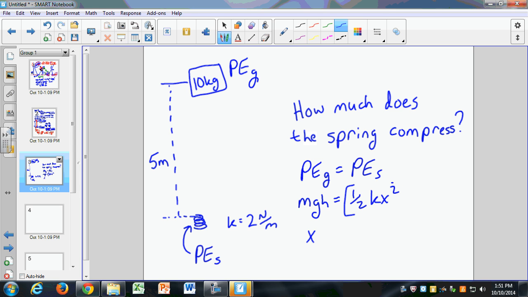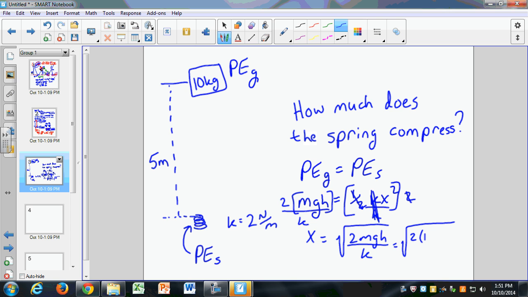I'm going to multiply both sides by 2, that gets rid of the 1/2. And then I'm going to divide both sides by k, that gets rid of the k right there. And so I'm left with x is equal to the square root of 2mgh divided by k.